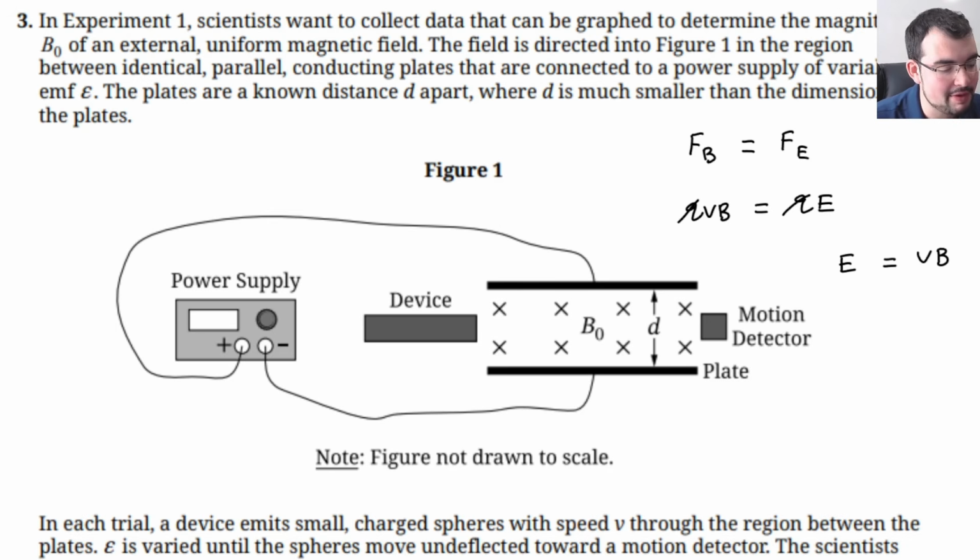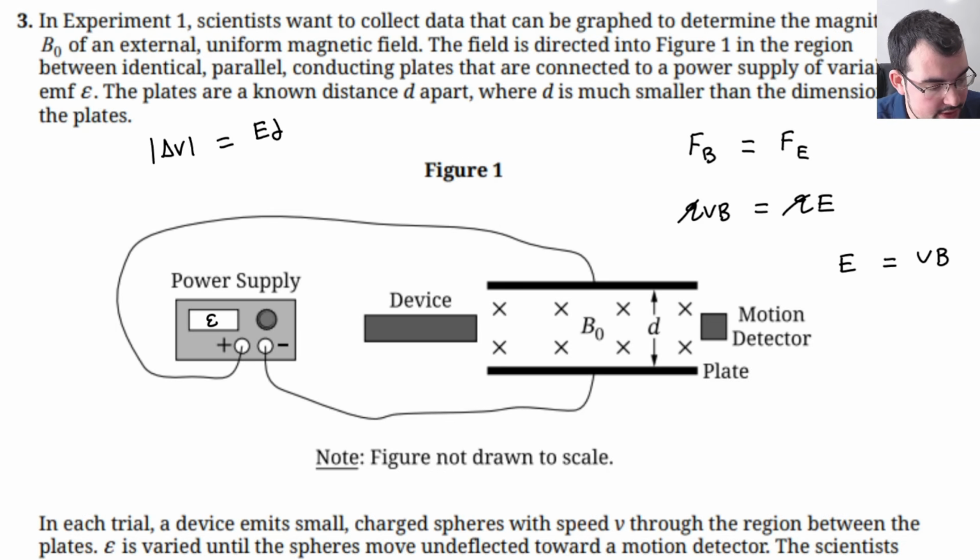It says instead we have a variable power supply. So the motion detector gives us speed. We want the B field. So we have to relate the electric field to this potential difference, script E. For uniform fields, we can say that delta V is equal to ED.